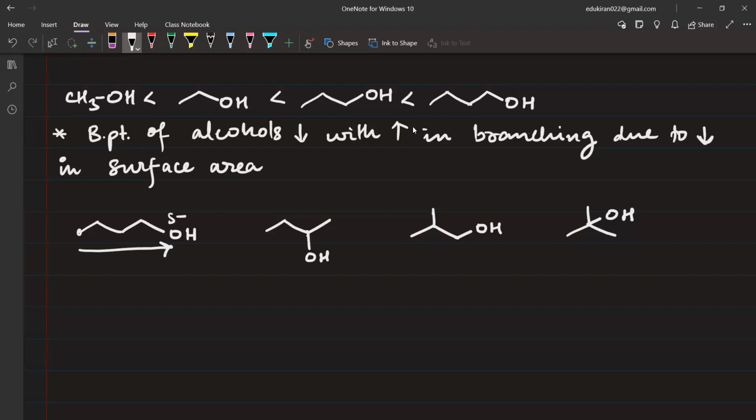So this is quite a large dipole moment. Here, this is the longest dipole it can have. Here, the longest dipole is going to be this one. Here, the longest dipole will be only this one. That is why as the branching increases, the dipole gets smaller and smaller, and that is the reason the boiling point also decreases. So this will have highest, then this one, then this. Got this?